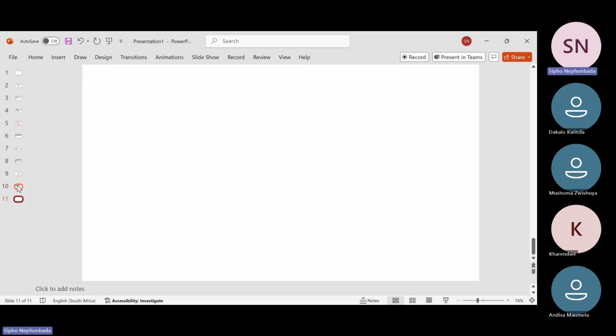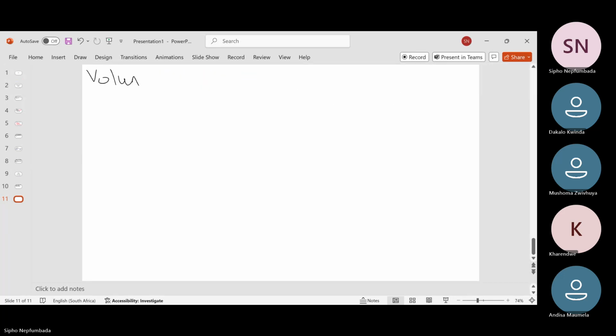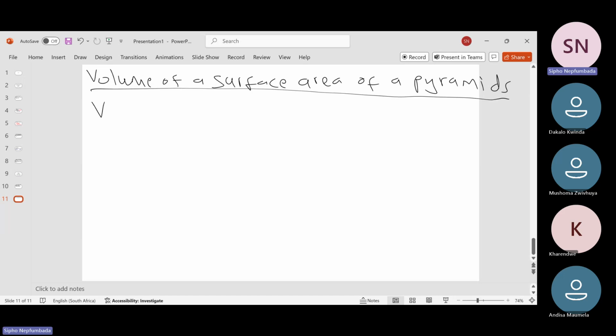So the volume of a pyramid is nothing but equal to area of base times height, divided by 3.